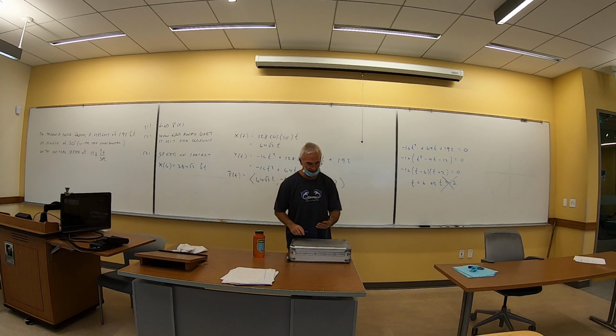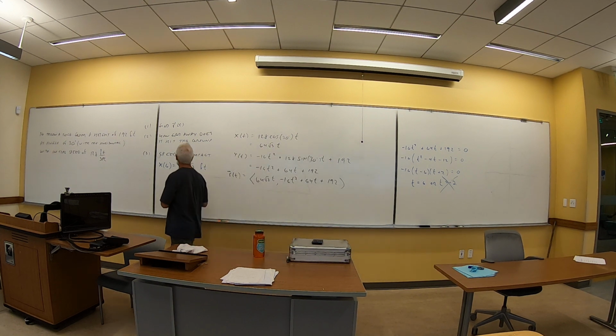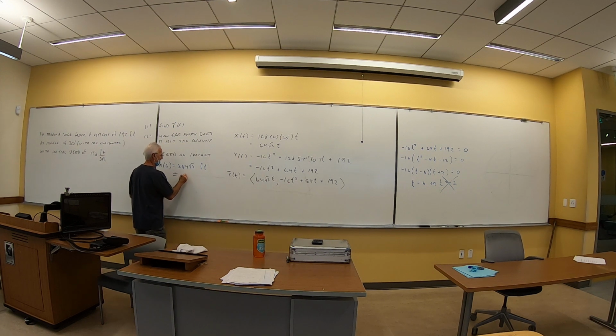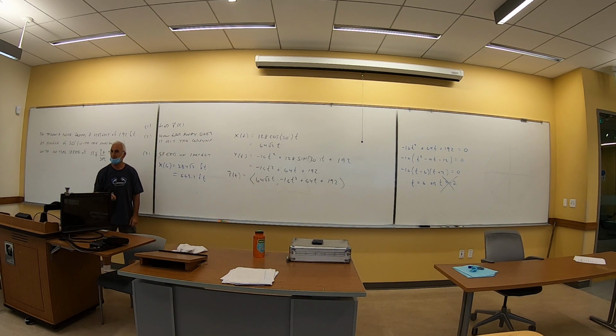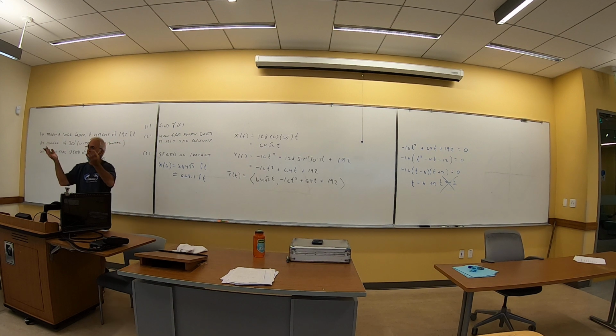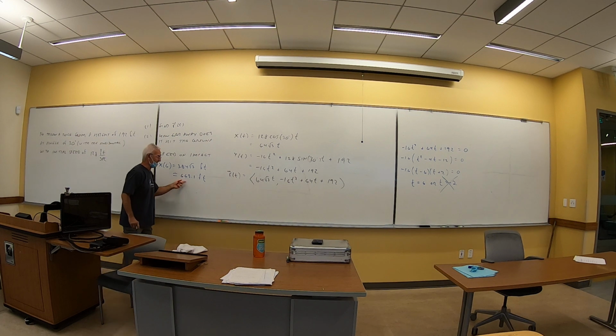So that's approximately what? About 665.1. This is the answer. But in actuality, which one's probably more useful? Probably the second one, because now it's about 665 feet away. By the way, you can't get the second one without the first one.